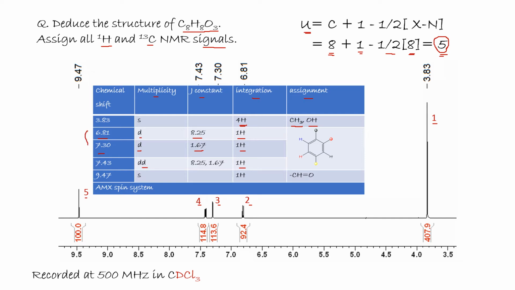These peaks are in the aromatic region, so most likely we have a tri-substituted benzene ring. This hydrogen will be a doublet with J3. This hydrogen will be a doublet but with J4.